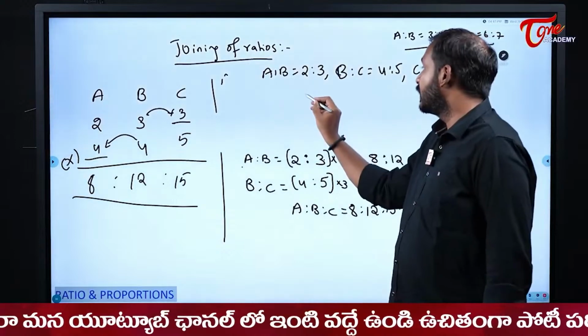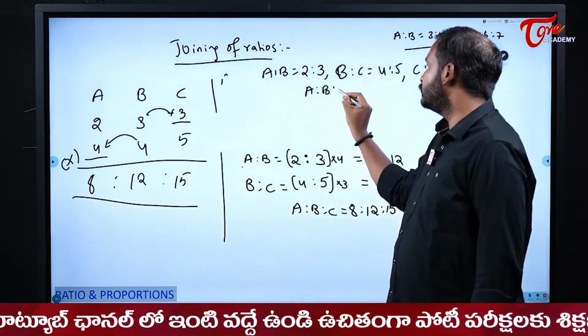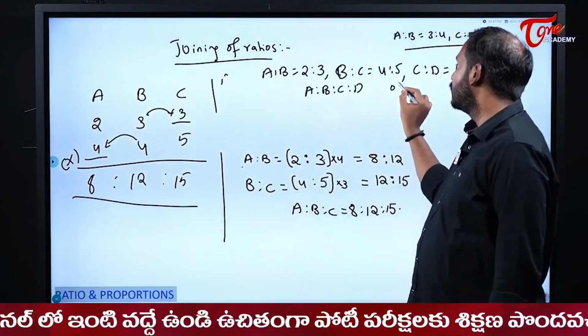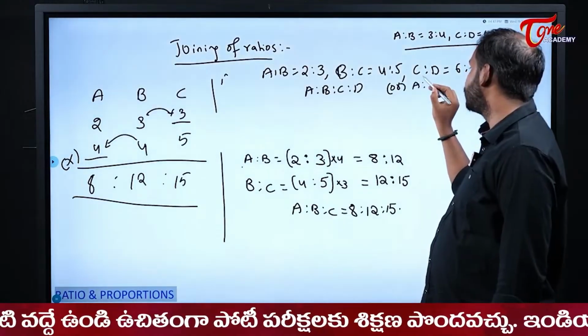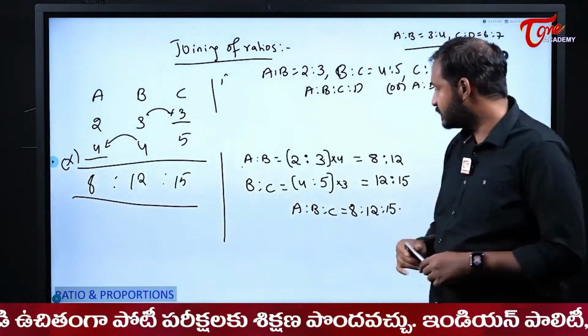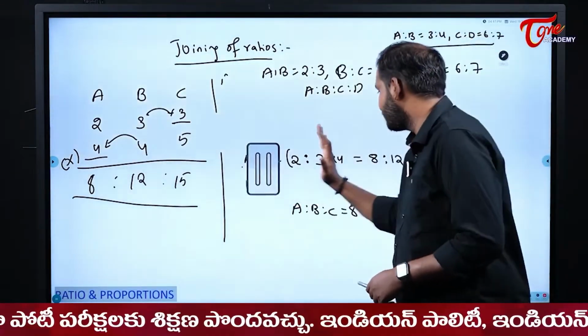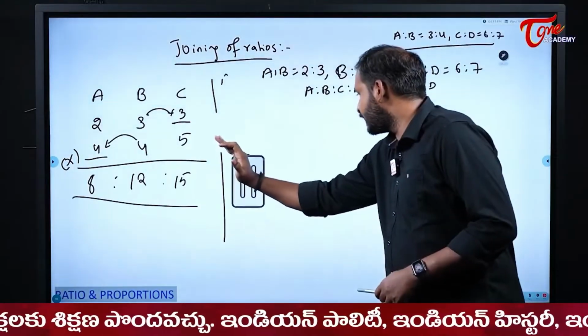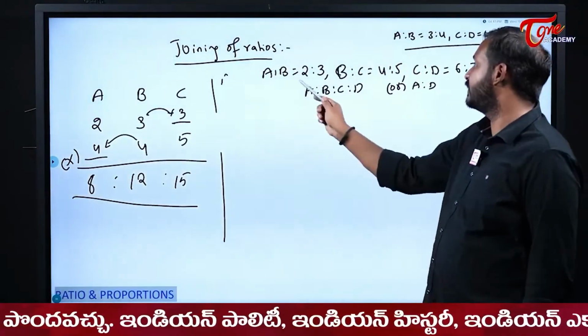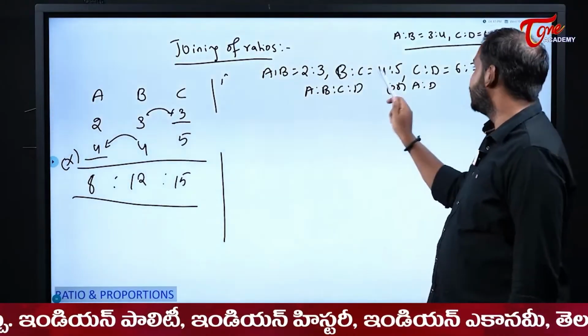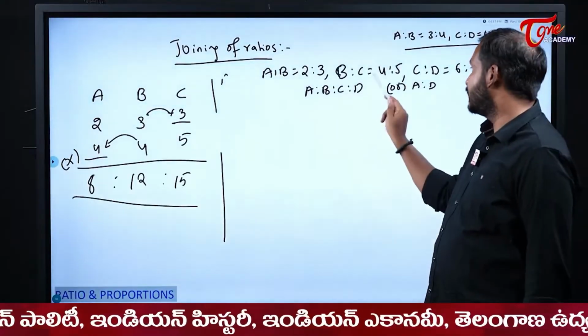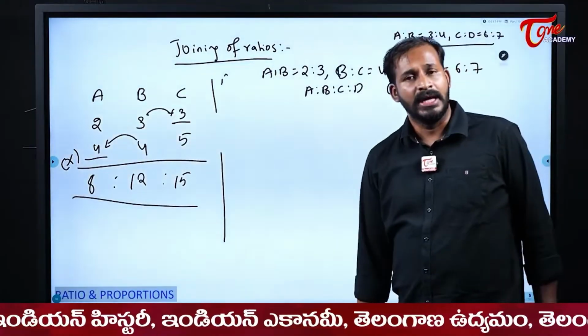Now, I want A is to B is to C is to D, or if the question is I want A is to D. If I go with the traditional method, first I need to equalize B's portion, then I get ABC, and next I need to equalize C's portion and I get A, B, C, D.